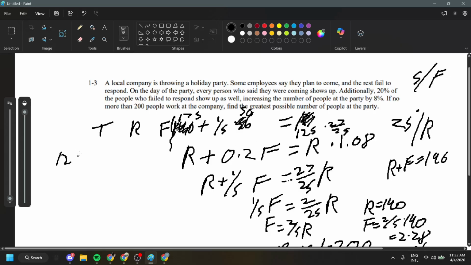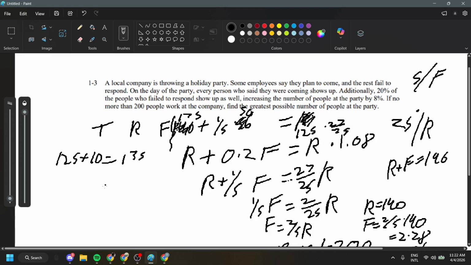So 125 plus 1/5 of 50 is 10, is equal to, divide 125 by 25. You get 5. 5 times 27 is 135.